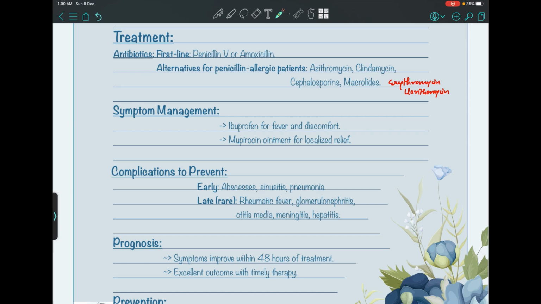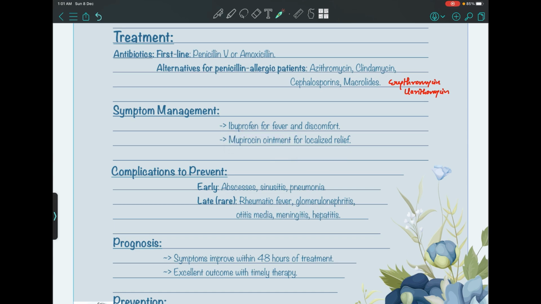For symptom management, ibuprofen can be used to reduce the fever and relieve the associated discomfort. Local applications like mupirocin topical ointment also can be used to relieve discomfort.